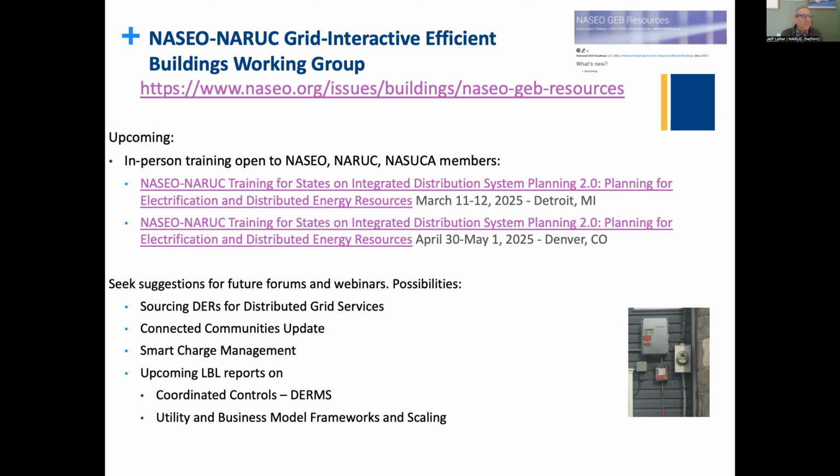I will also add that in both of these two upcoming trainings, we have optional site visits to help entice you. In Detroit, on the day after the training on the 13th, we are working with Electreon and others in Michigan who have an electric wireless charging road pilot, so that fleet vehicles that drive over certain segments of road can actually get their batteries charged as they drive along.